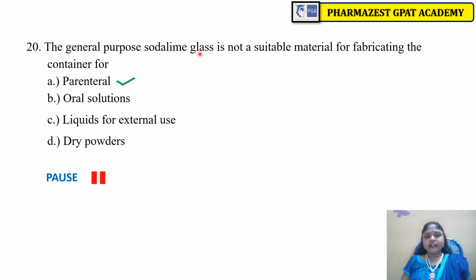Soda lime glass is not suitable for packaging of parenteral preparations because parenteral preparations require highly sterile containers. Soda lime glass has drawbacks, that is, it may leach into the medicaments if it is packaged. So parenteral preparations are not packaged in soda lime glass.